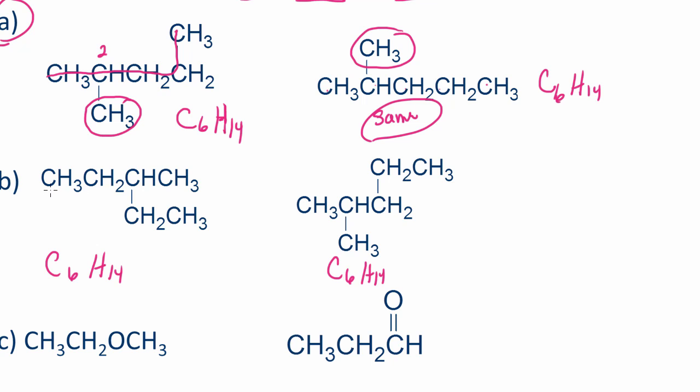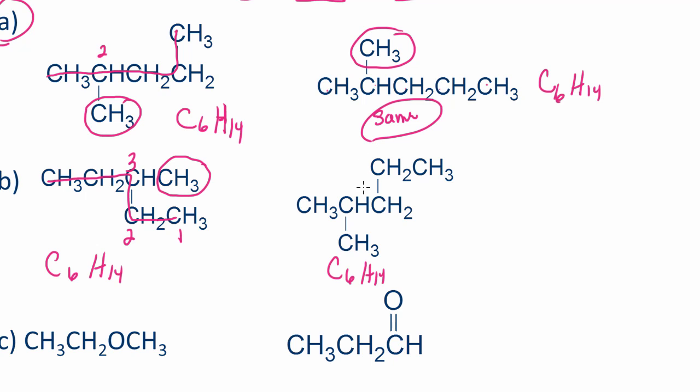And I can do that here. 1, 2, 3, 4. But I think we can get 5 carbons out of this. So if I were to start here, I'd have 1, 2, 3, 4, 5 carbons in my longest continuous chain. And here I have a branch, and that would be on carbon number 3. So 5 carbons in my longest continuous chain, and on carbon number 3 I have a branch point.